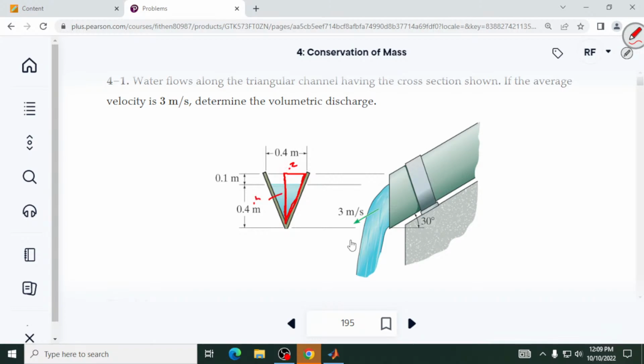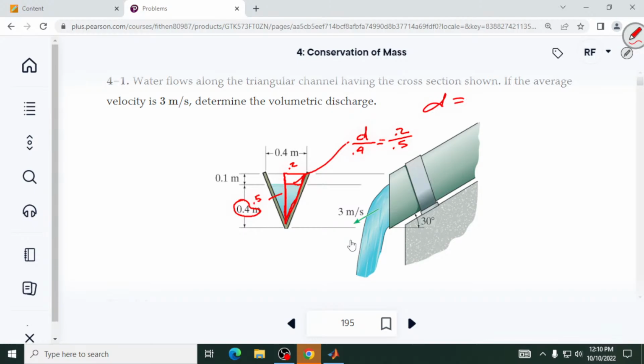This would be 0.5. So this distance would be ratioed to 0.4 as 0.2 is to 0.5. So my distance, do I have MATLAB up?